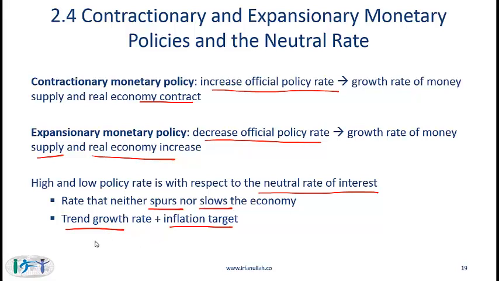So if in a given economy the trend growth rate is 3% and the inflation target is 2%, then the neutral rate will be 5%. If the policy rate is set above 5%, that would mean that we have a contractionary policy, and if the policy rate is set below 5%, then that would mean that we have an expansionary monetary policy.